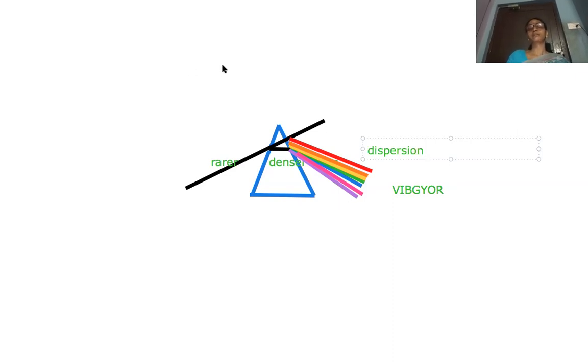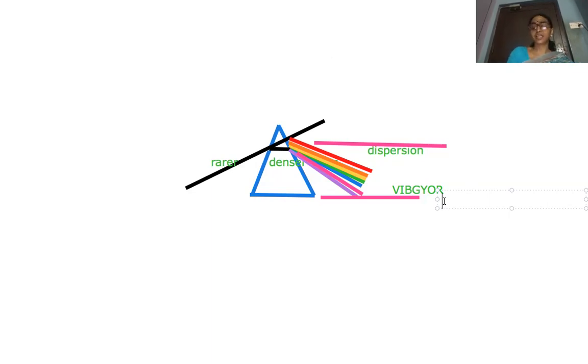So here, if we observe this range, that is the violet and red range, if we take these 2 points here, what is happening? Violet has undergone maximum deviation.